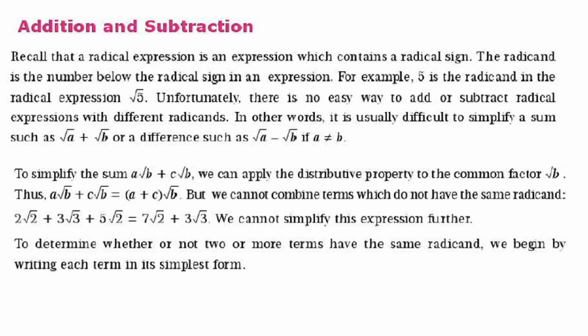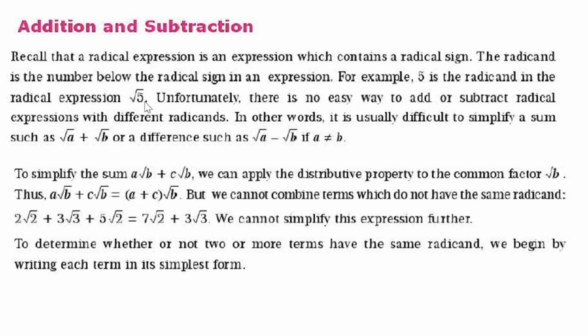Okay, let's proceed to addition and subtraction. Recall that a radical expression is an expression which contains a radical sign. The radicand is the number inside the radical sign. For example, 5 is the radicand in the radical expression square root of 5.